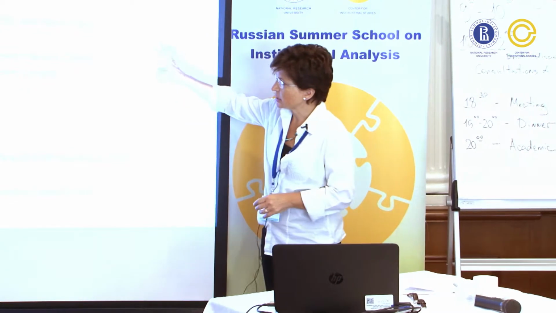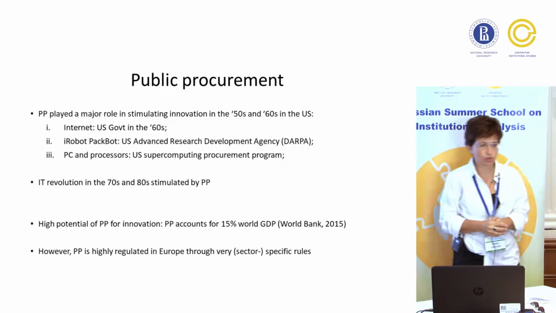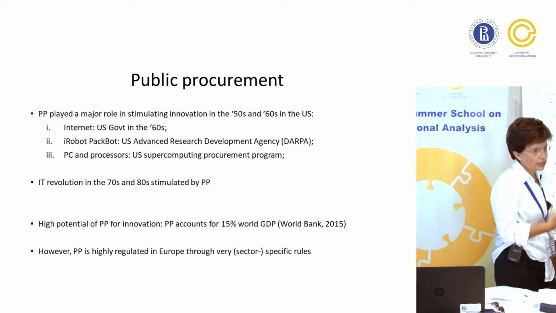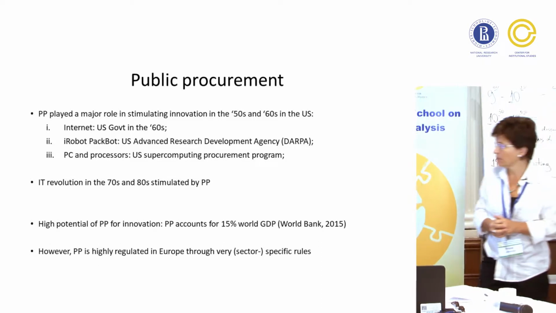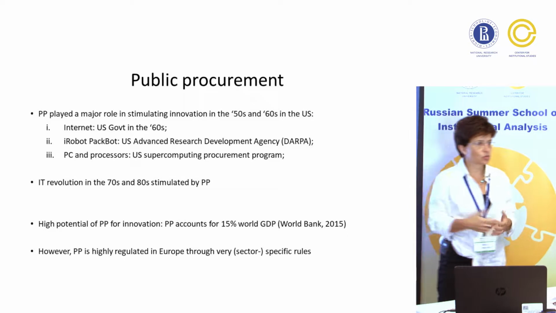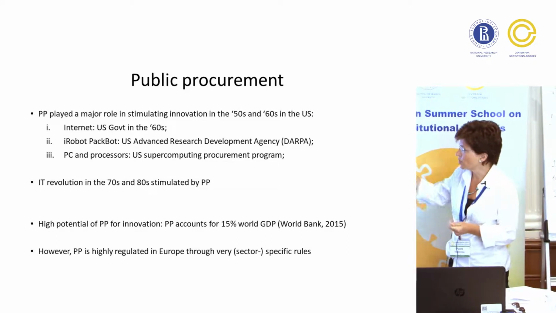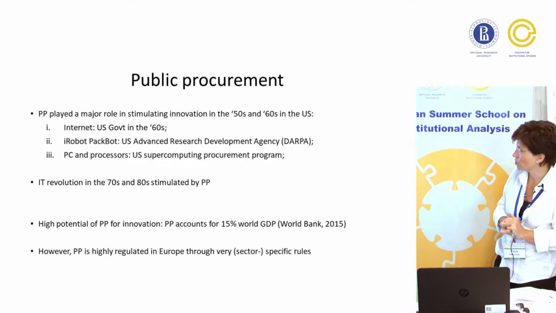Very shortly, here we have some examples of what public procurement did in the past, mainly referring to the US. The Internet comes from a public procurement project, the same for the PC and processors.